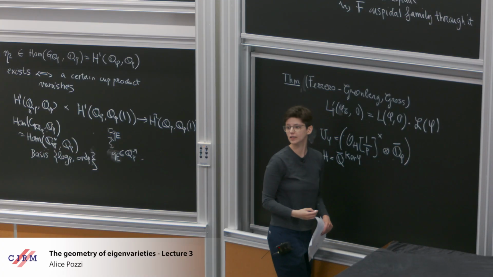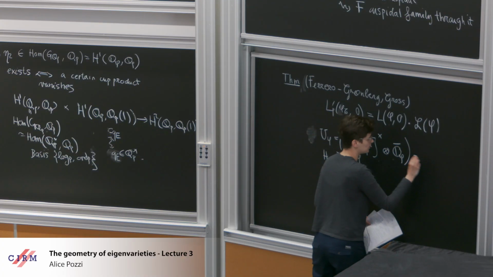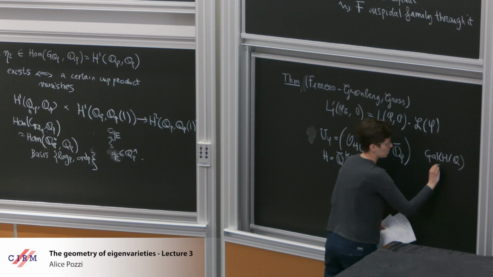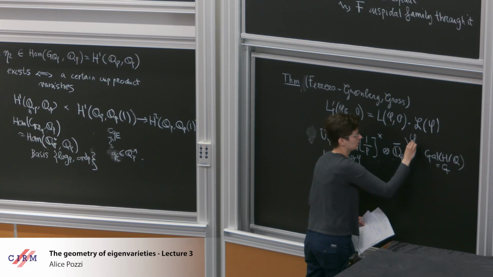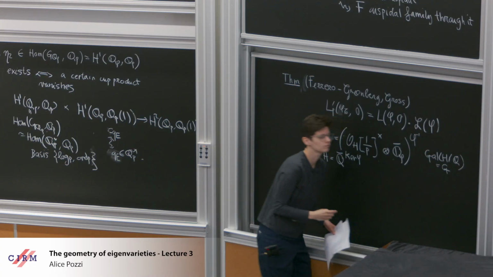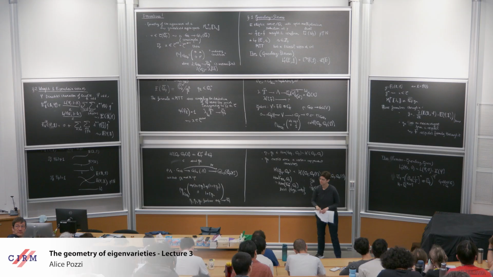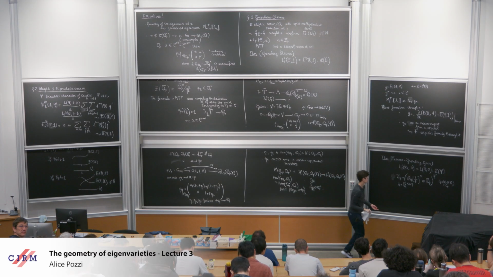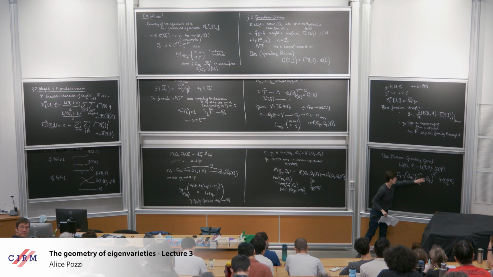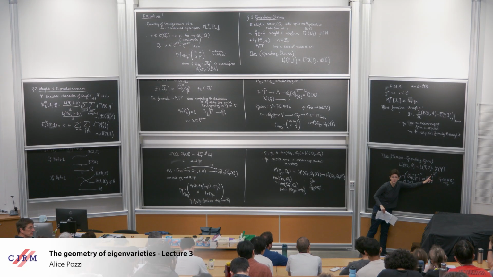And then I'm going to take the part in which the Galois group of H over Q acts by phi inverse. So this is a representation of this group, and I'm going to take an isotypic component.